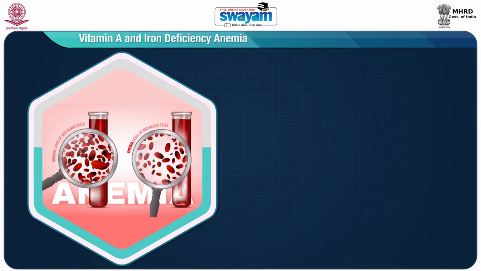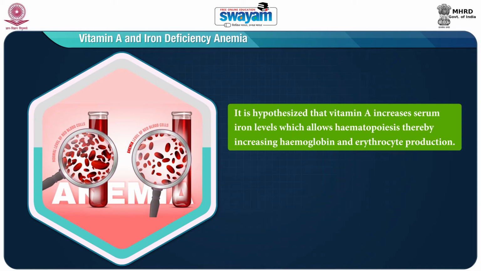Now, coming to vitamin A and iron deficiency anemia, it is hypothesized that vitamin A increases serum iron levels, which in turn allows hematopoiesis, thereby increasing hemoglobin as well as erythrocyte production.